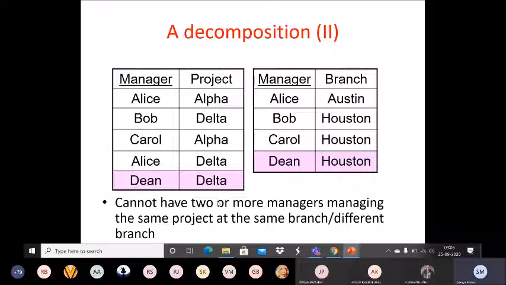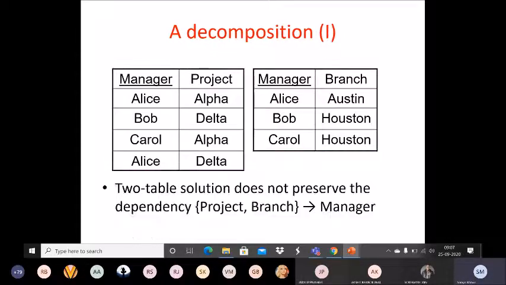We cannot have two or more managers managing the same project at the same branch or different branch. So this cannot be done. What is the problem in this table? Project, branch should determine the manager, but this functional dependency is gone.